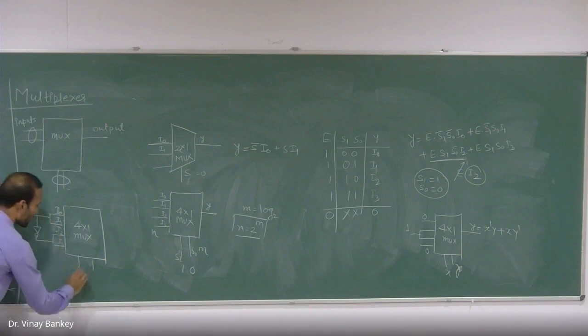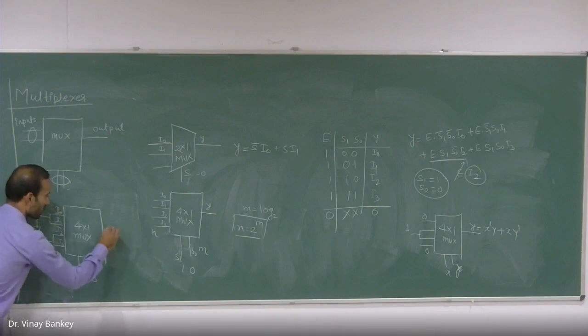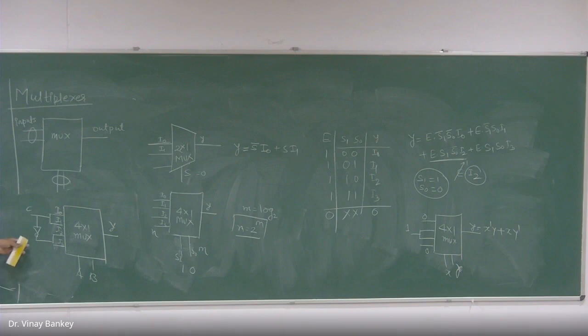This is C and this is A and B. Now the question is which type of gate this is implementing and what will be the solution. Is it A nor B, A nor C, or something else? Try to solve it. I'm giving the options.